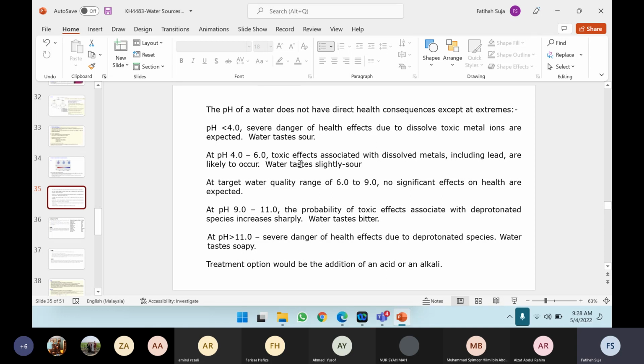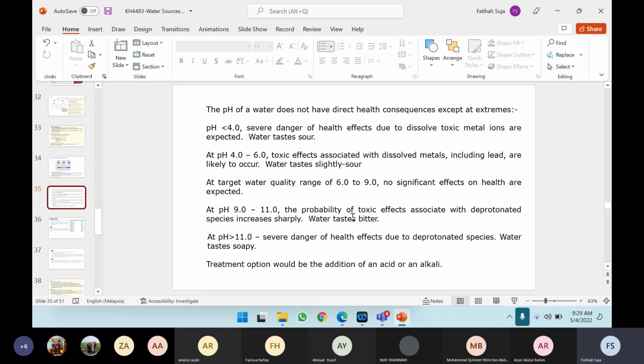At pH 4 to 6, toxic effects associated with dissolved metals, including lead, are likely to occur, with the water tasting slightly sour. So the water target is to have the pH range from 6 to 9 so that you don't have any significant effects on health.